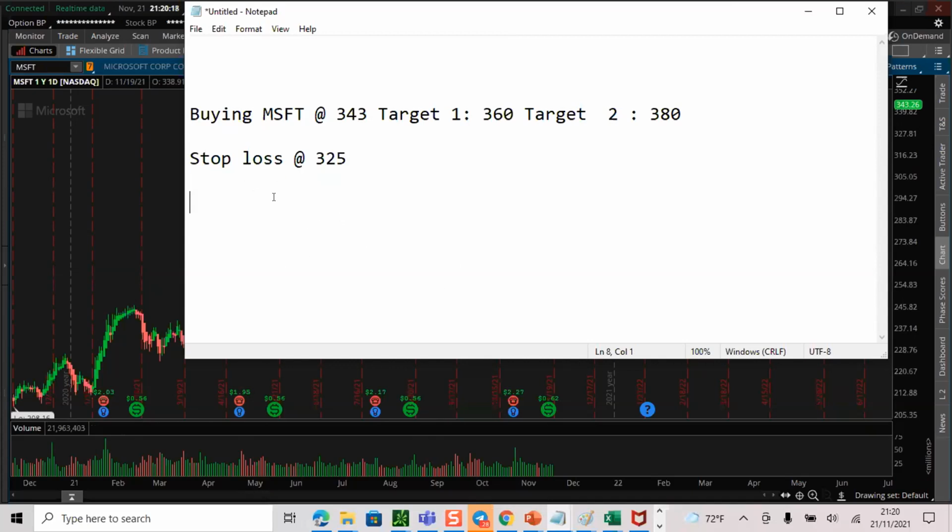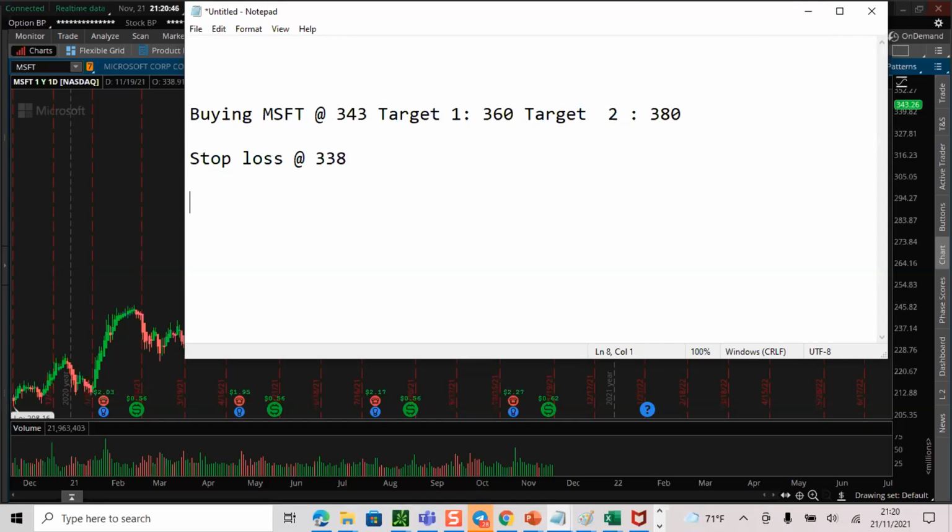Whenever we say everything, we do everything together, right? So the risk to reward ratio here is almost $17. So let's try to cut the stop loss somewhere around 335 or 338.